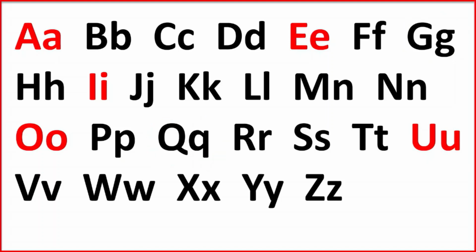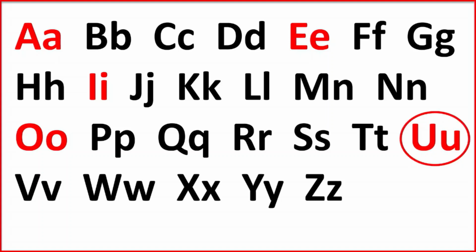What is this? This is Q. What is this? This is O. What is this? This is S. What is this? This is N. What is this? This is R. What is this? This is W. What is this?